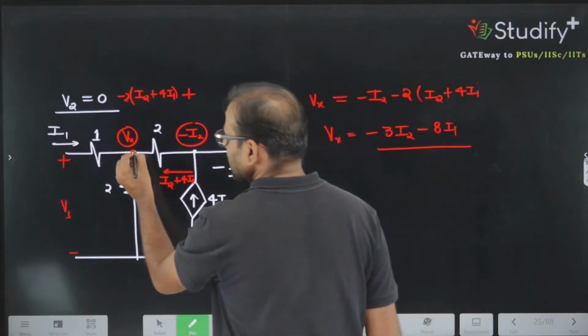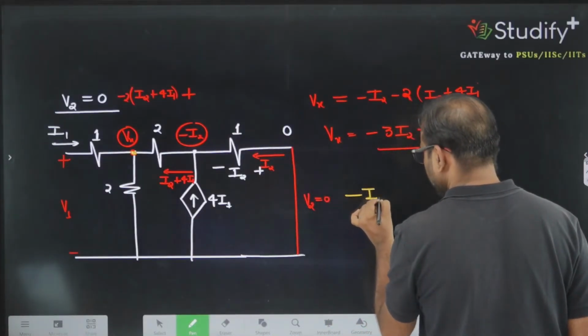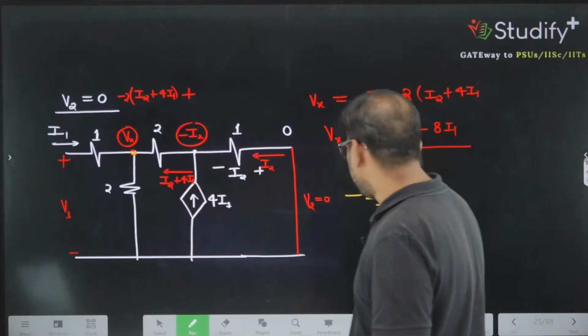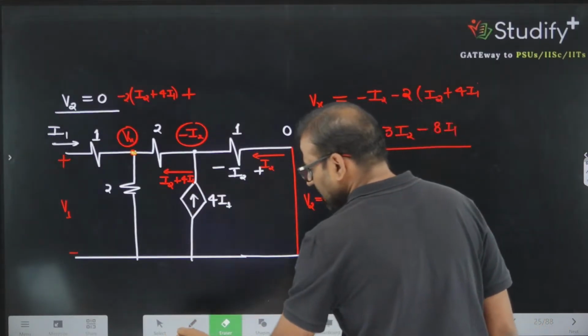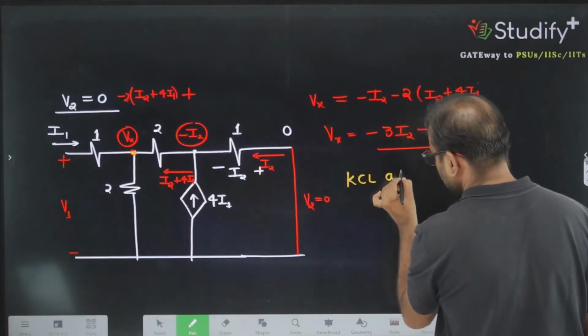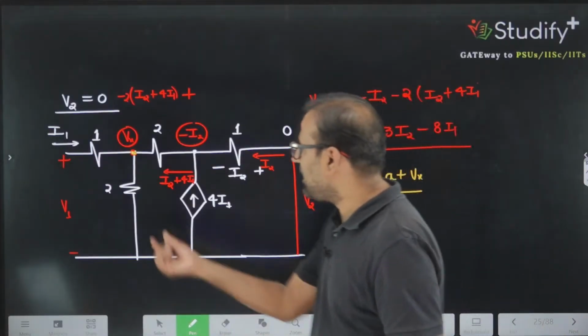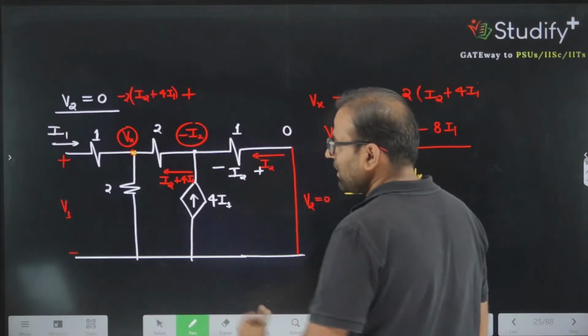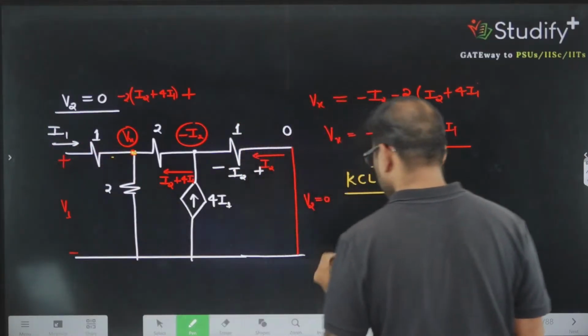If I apply KCL here, what is the incoming current? The incoming current is I1. Idea is KCL at Vx. We are applying KCL at this node, the Vx node. So the incoming current is I1, so I am writing I1.